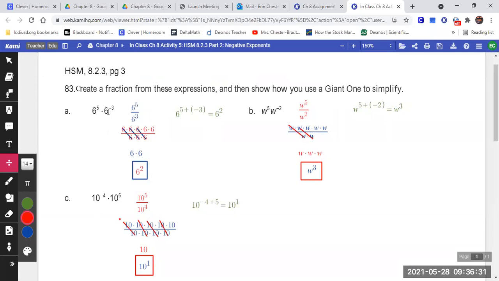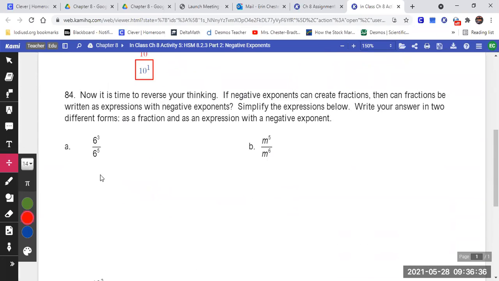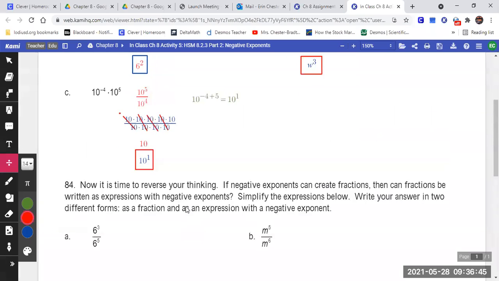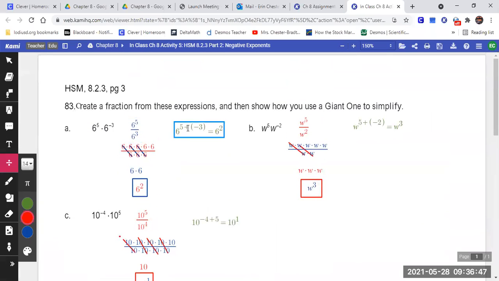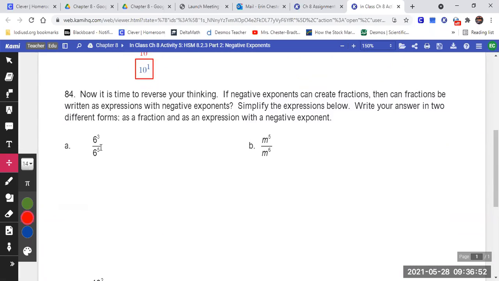What does a fraction really mean in math operations? Divide. So if multiply, we add the exponents, then divide means we must do what? Subtract the exponents, and we talked about that yesterday.